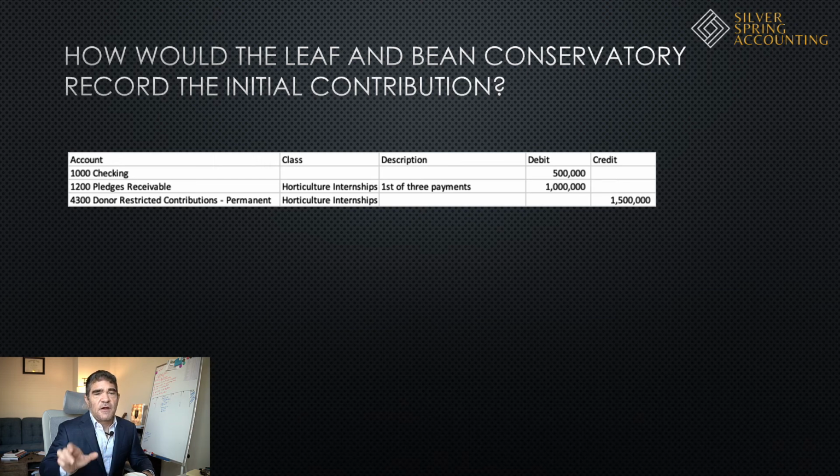We like to break it up and say permanent so that we know that when we go to do our net assets, that's going to be part of permanent. That's just a nice little way to identify that along with our net assets roll forward. So we're going to credit that for the revenue of $1.5 million.